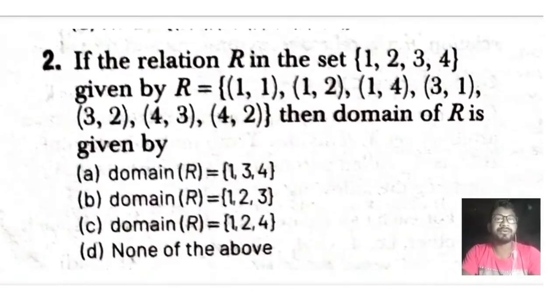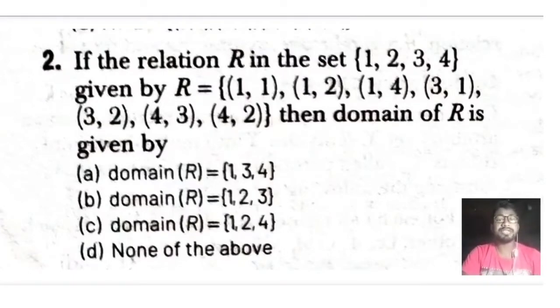Here is question number 2. If the relation R in the set {1, 2, 3, 4} is given by R = {(1,1), (1,2), (1,4), (3,1), (3,2), (4,3), (4,2)}, then the domain set of R is given by, here are some options.